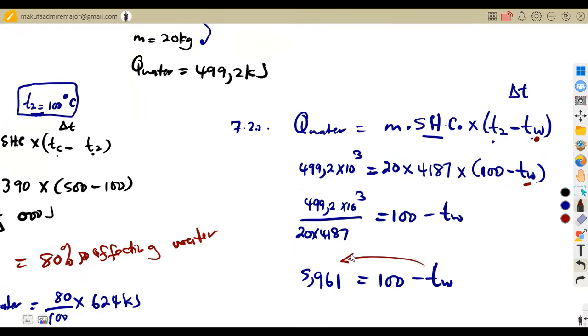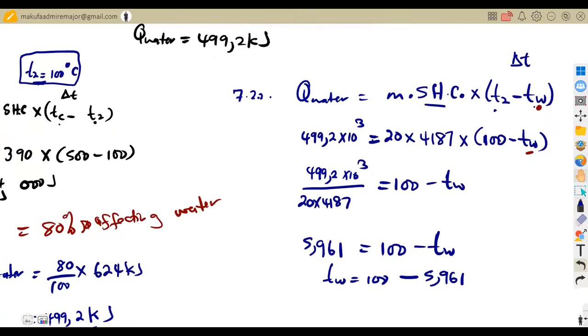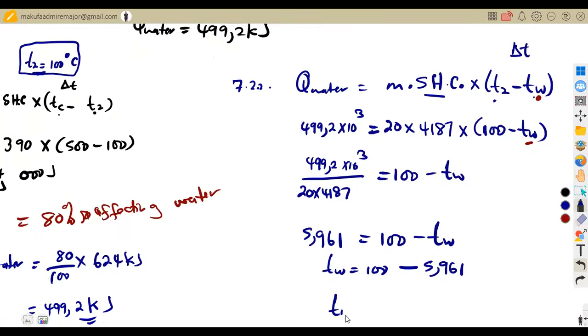So to find the temperature for water, you can transpose it to the other side so that it becomes positive. So it's going to be 100 minus, we transpose this one to the other side, which is 5.961. All right, so this is going to give us the temperature that is affecting the water in this case, which was going to be 94.039 in degrees Celsius.